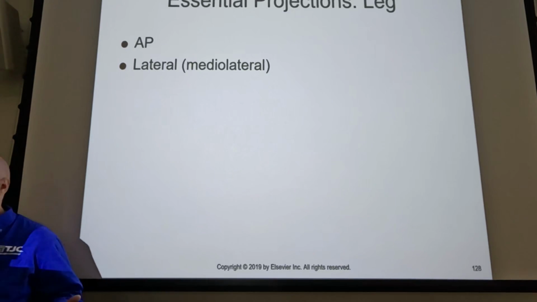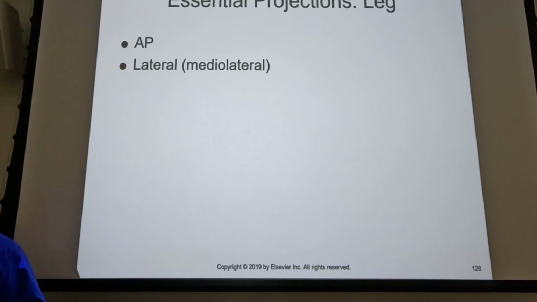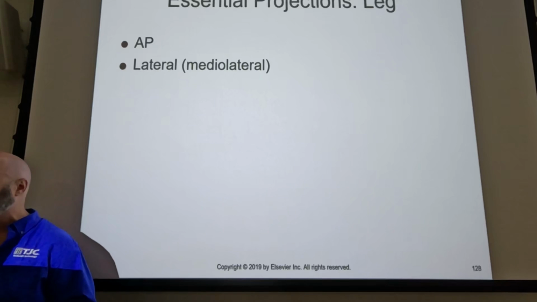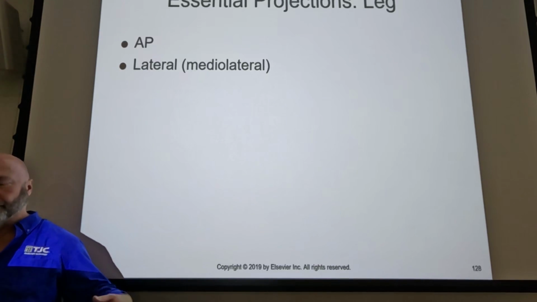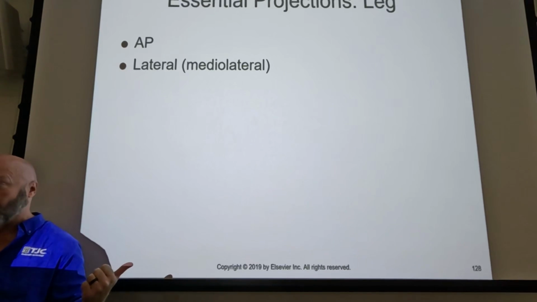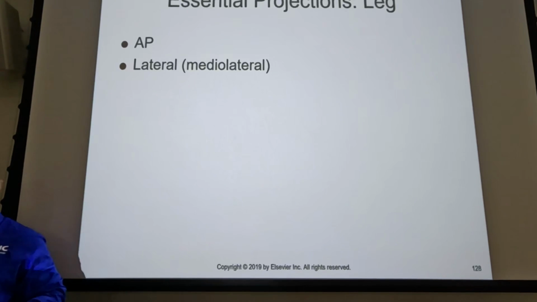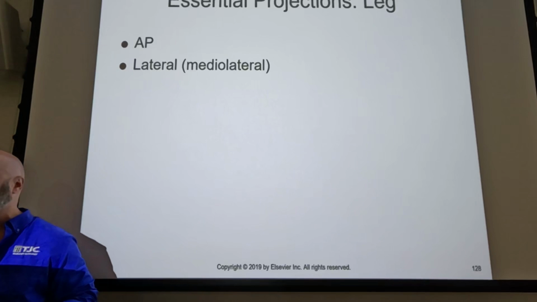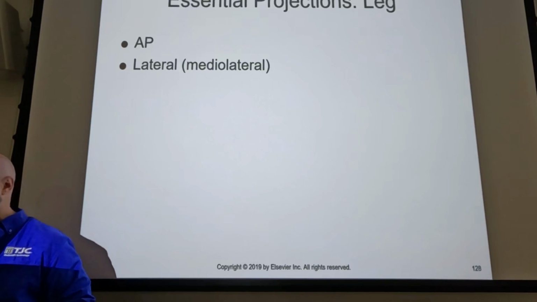Sometimes you walk into the patient's room and you can tell clinically that the patient's got a broken ankle or a broken tib-fib because their knee is pointing straight up and their foot's pointing that way or that way. So there's obviously a problem there, right? So the positioning that we're going to talk about is for a patient that does not have a fracture, so maybe it's a follow-up.